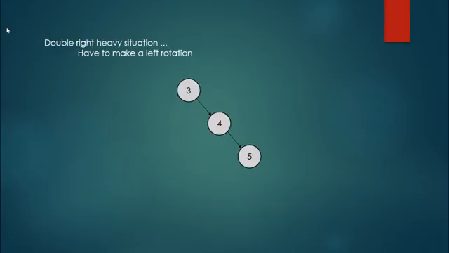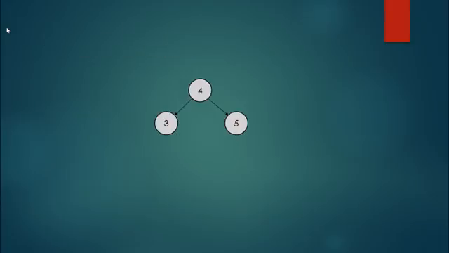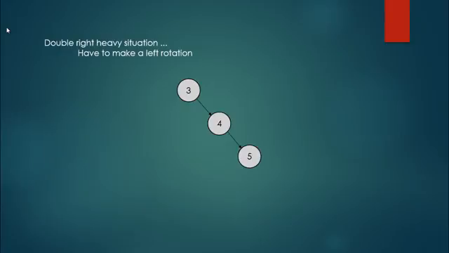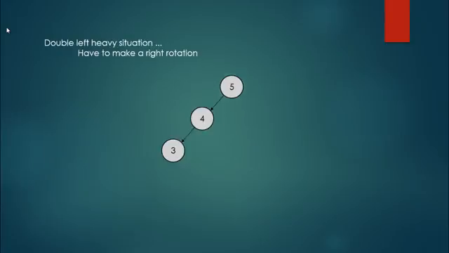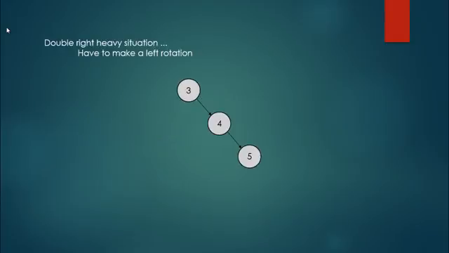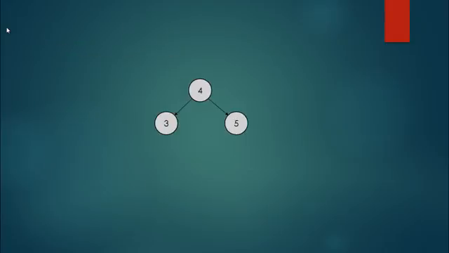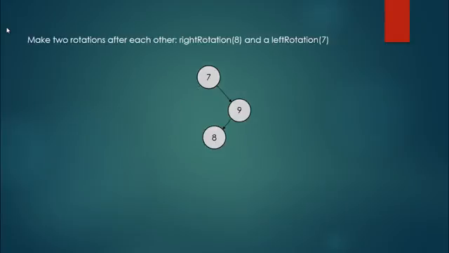Then we have to make a left rotation on the node 3. So here, sorry, I'm not sure whether I told it right, but in this situation we calculate the height parameters, and on the node 5 we come to the conclusion that it is unbalanced. So we have to make the right rotation on the node 5, and it's going to solve our problem. In this situation we have to make the left rotation on the node 3, and it's going to solve our problem and balance our tree.